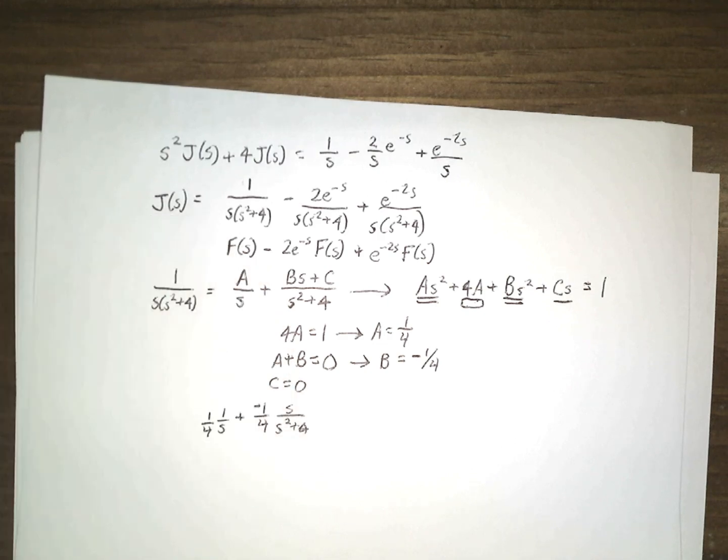And this was a negative 1/4, actually. 1 over s is just the inverse Laplace transform of 1. S over s squared plus 4 is the inverse Laplace transform of a cosine function. We have a 4, which is 2 squared, so it'll be a cosine 2t.